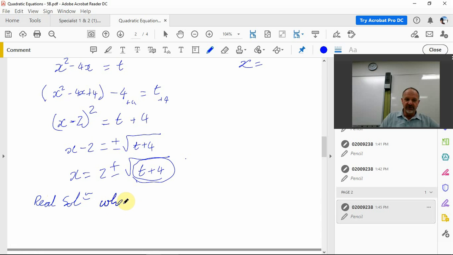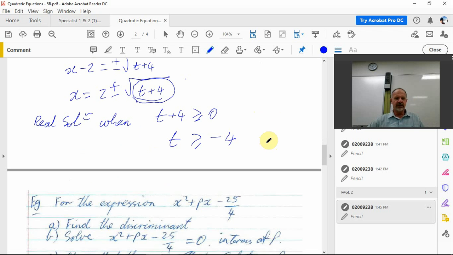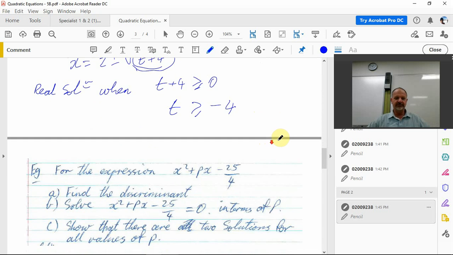So real solution when t plus 4 is greater than or equal to 0. 0 is okay because the square root of 0 is 0. Take 4 from both sides, t has got to be greater than or equal to -4.